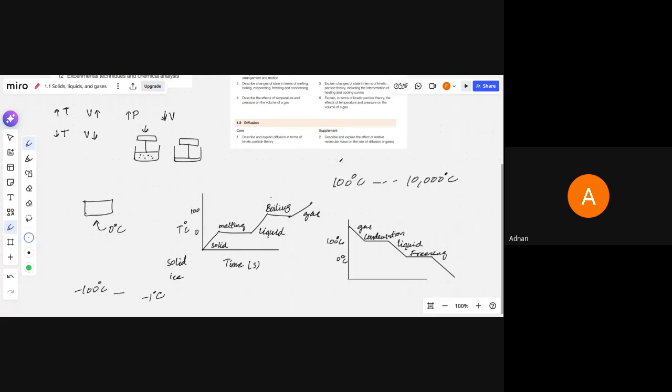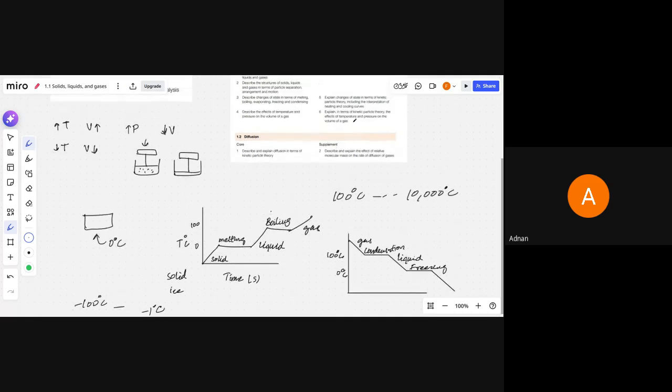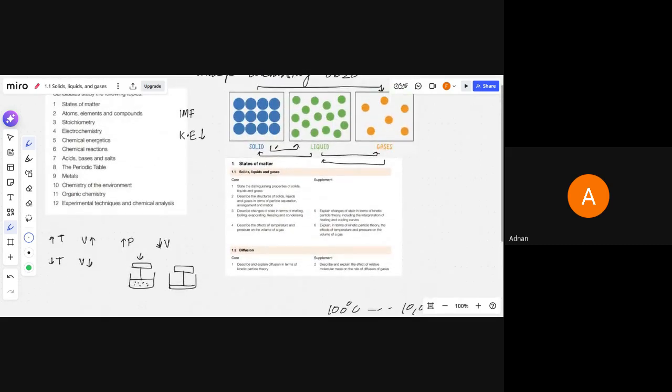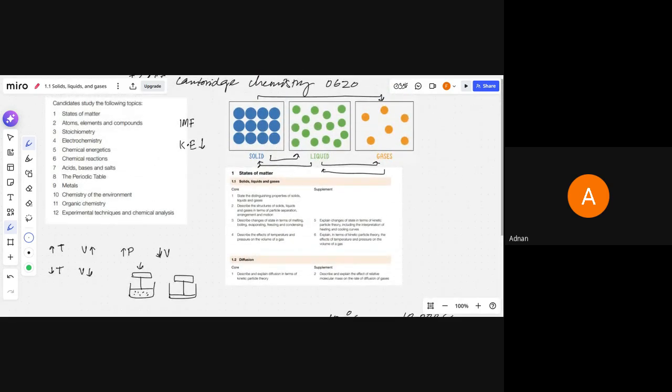The last part is to explain, in terms of kinetic particle theory, the effects of temperature and pressure on the volume of a gas. I've talked about it already. As I explained, it is all about the intermolecular forces between the particles.